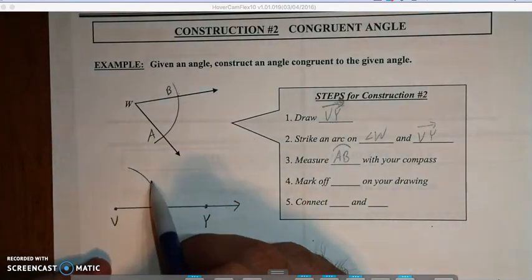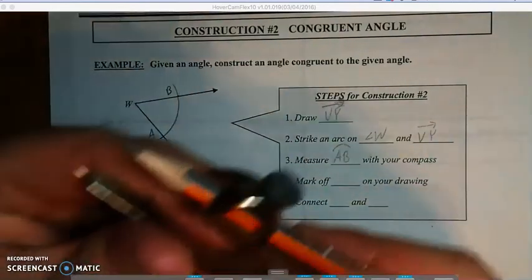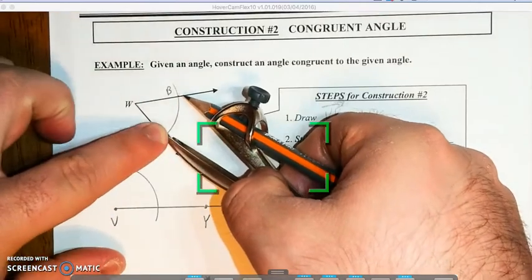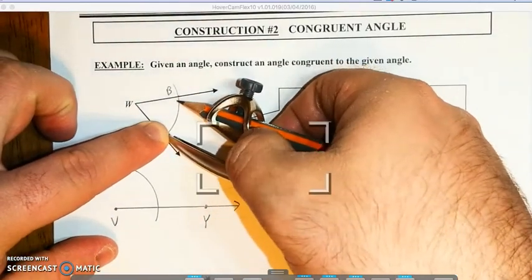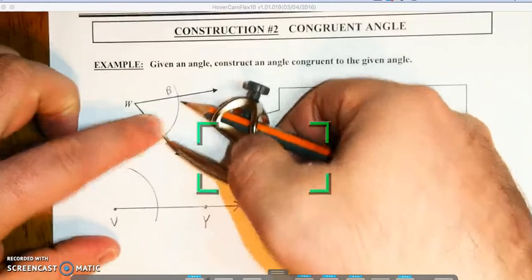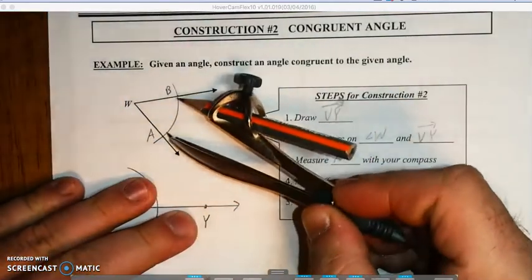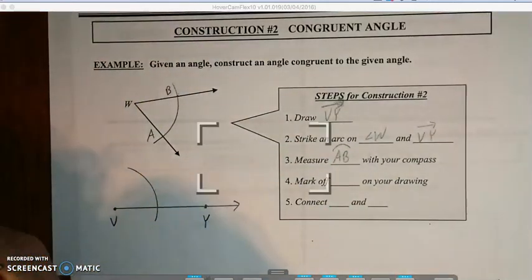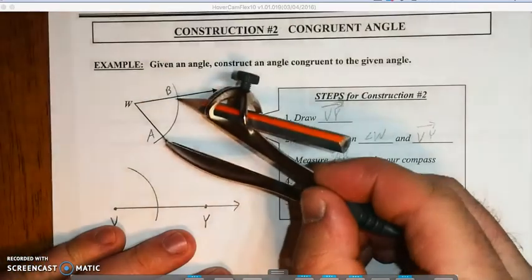We don't know if it's here, here, here, or here. So we open up or close our compass so it's going to match this. Mine is right about there, a little bit wider probably. So you match this up.